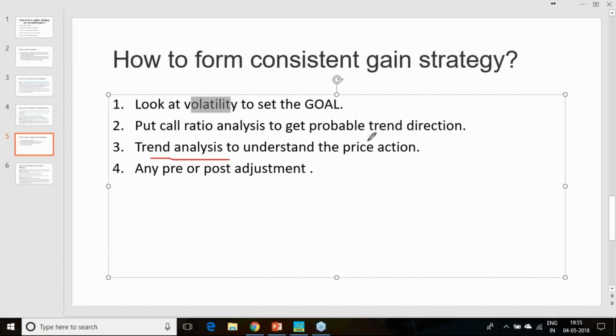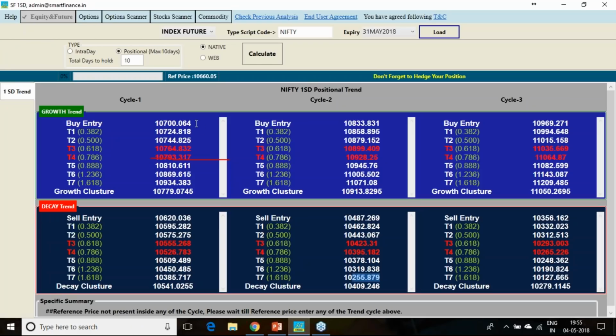Now, trend analysis to understand the price action, I have already demonstrated here. Whenever we take a weekly study for the Nifty, this is the report you will get. As I told in the very beginning of my lecture, only the first cycle is given in the report; the second and third cycles are only available in the software.